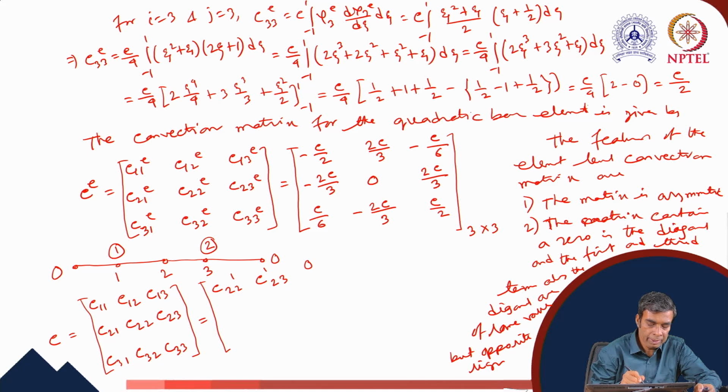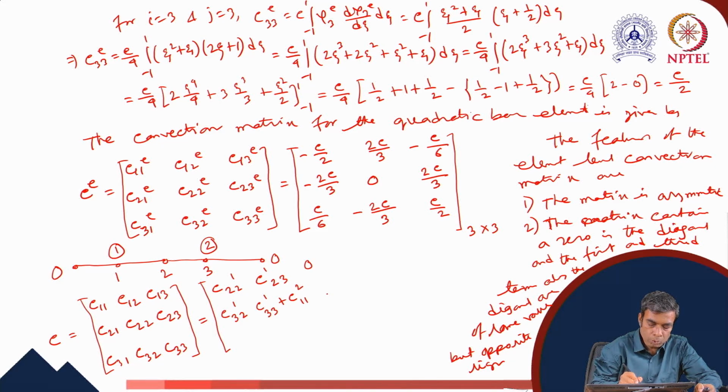Now C21 will be C321. Then C22 will be C331 plus C112.